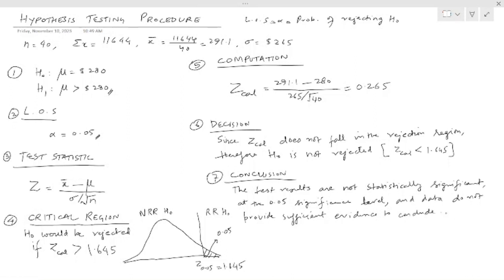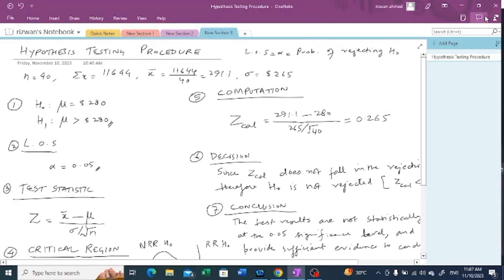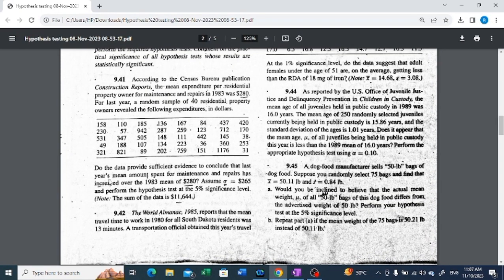Now we need to write down the same statement that we are given for the hypothesis testing, and the statement was: the data do not provide sufficient evidence to conclude that the last year's mean amount spent for maintenance and repairs has increased over the 1983 mean of $280.